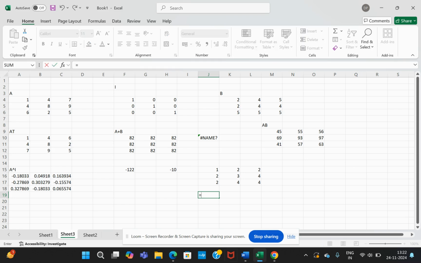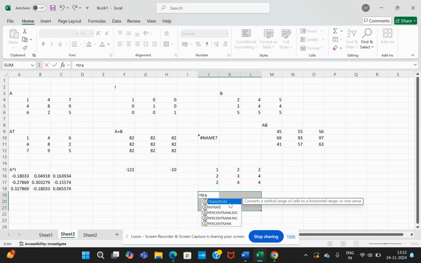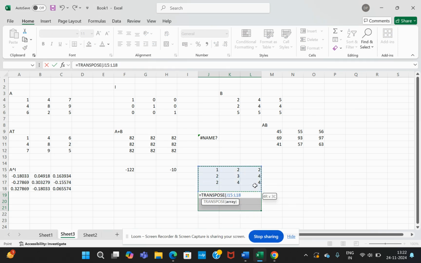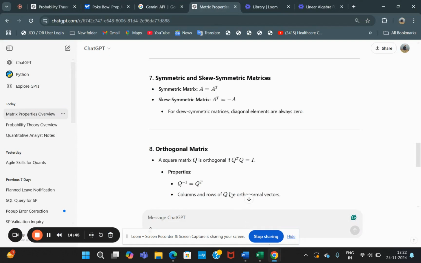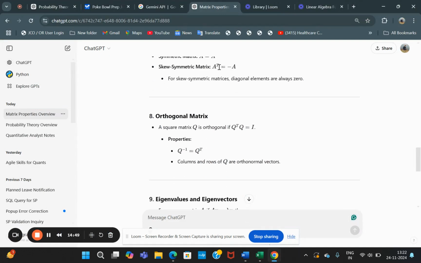So if we put the equal sign and take the transpose, then we will get the matrix A itself. So this matrix we call a symmetric matrix. And then where A transpose is minus A, the matrix is also a skew symmetric matrix.